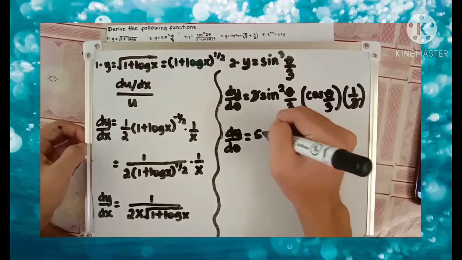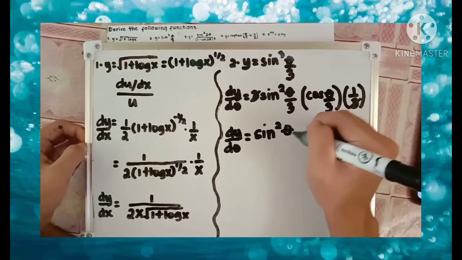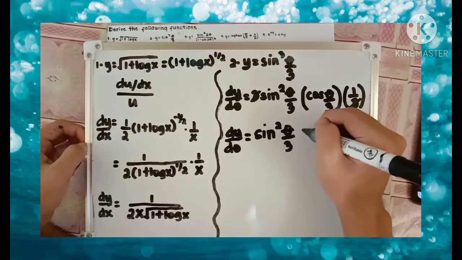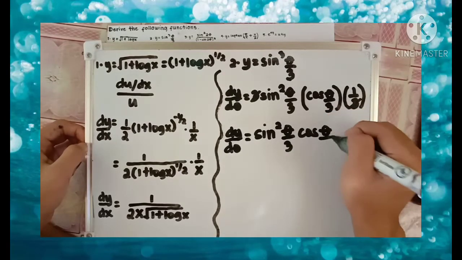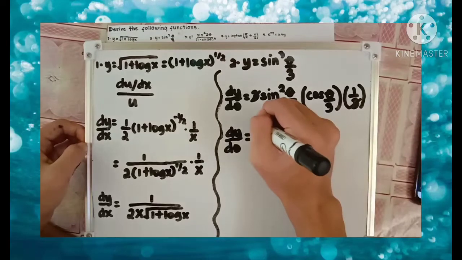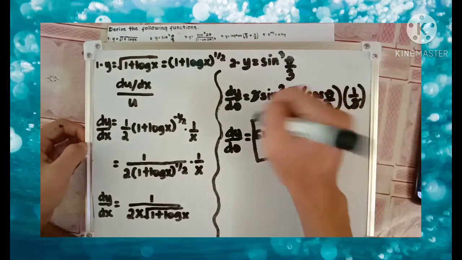So our final answer is sine squared theta over 3 times cos theta over 3. This is our final answer.